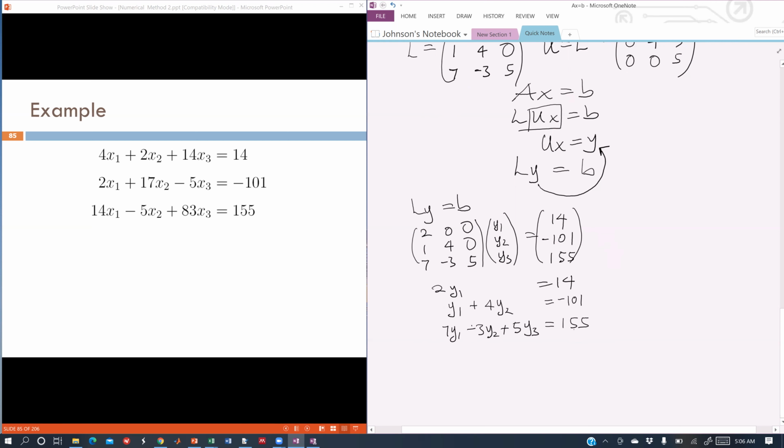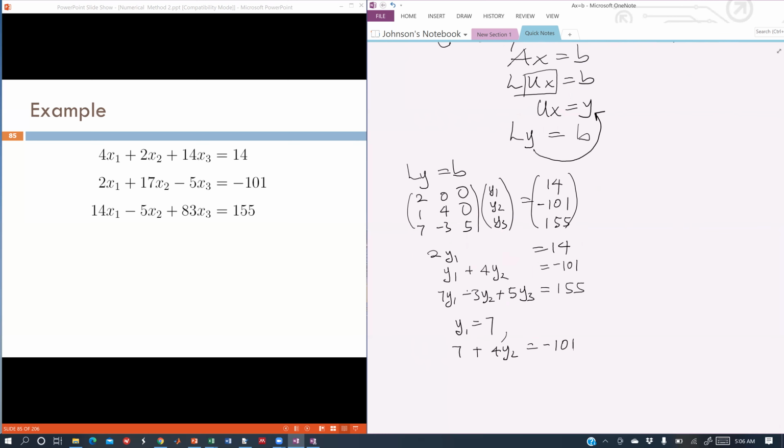And clearly, this is easy to solve, as I explained previously. So from equation 1, we can find y1 to be 7. When y1 is 7, we're going to have it in equation 2 as 7 plus 4y2 is equal to minus 101. Take the 7 to the right hand side, and that gives us 4y2 to be equal to minus 108.